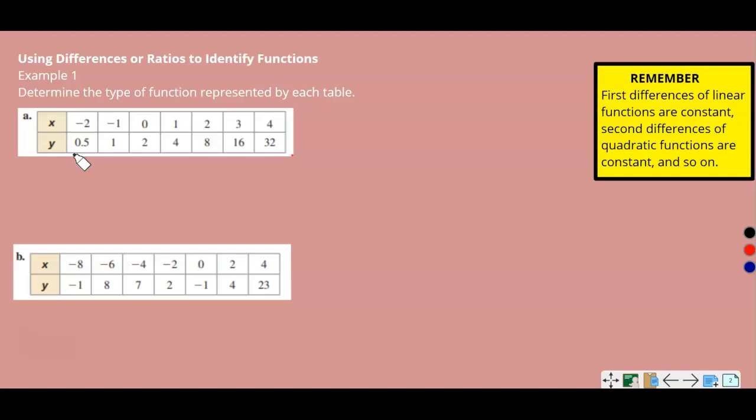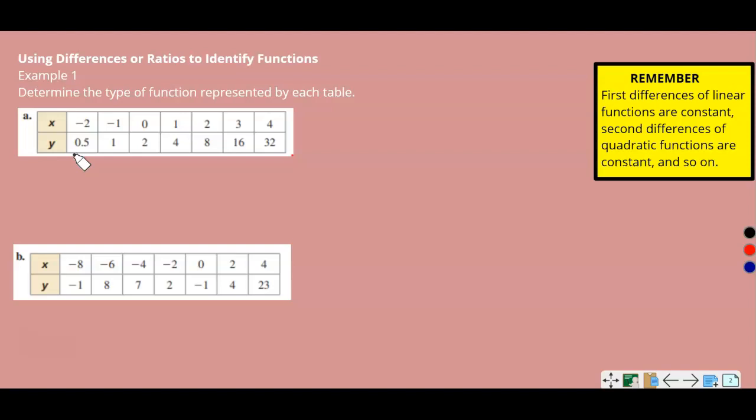So to determine whether an exponential function can be used to model the data, the output, the y values, remember your output is your y values, must be multiplied by a common factor. So that's what we're going to look for. Is it multiplied by a common factor, or does it have a constant number that's been added or subtracted to the next number?